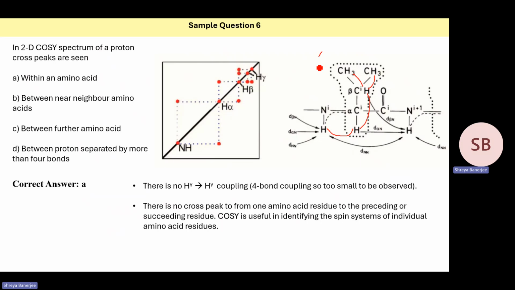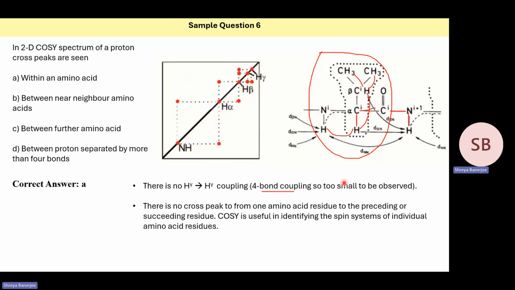This entire thing is part of the same amino acid. Why can you not see cross peaks with the next amino acid? If you look at the number of bonds, 1, 2, 3, 4, with the next amino acid the number of bonds is 4. And 4 bond coupling is too small. That is why you are not able to observe it with the next amino acid or the previous amino acid.